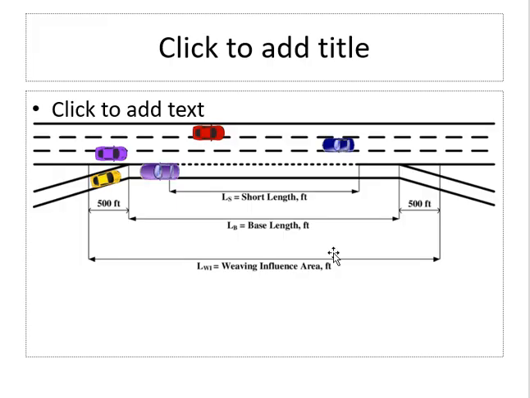For example, I was talking about an interchange. This is an interchange where a ramp is coming in and the other one is going out. You see how many vehicles here? Five vehicles. Normally on a busy interchange, you may have hundreds of vehicles at the same time. Some of these vehicles are going from one ramp to another ramp, some from ramp to highway, some from highway to ramp.